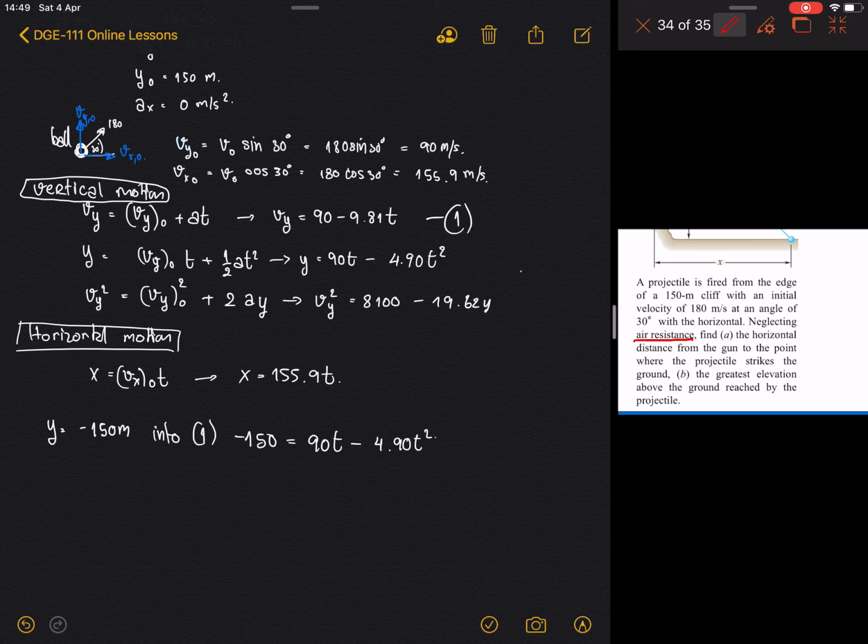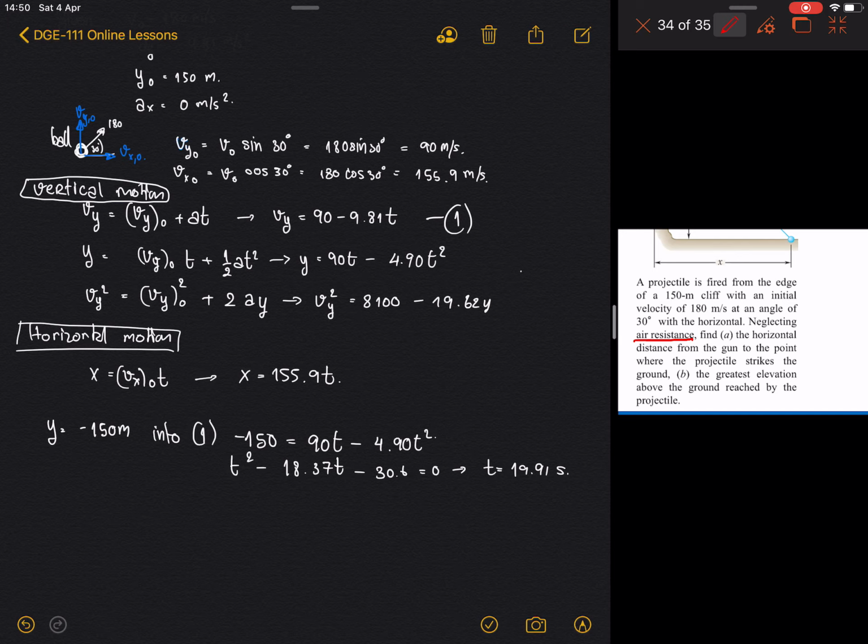This one, you just want to find the time when the ball is hitting the ground. That's why you use this formula, and then you get t squared minus 18.37t minus 30.6 equal to 0. Then when you do what I did before, we get 19.91 seconds.